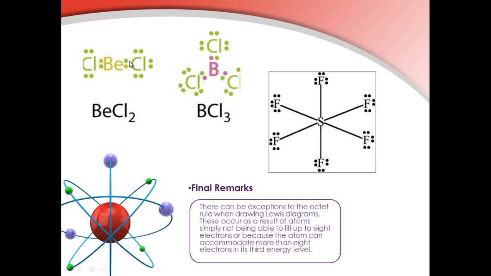So if it was contributing 1 electron to the bonds, and here it's bonding with chlorine to form beryllium dichloride, well, chlorine's fine. It's contributing 1 electron to the bond, so chlorine gets 8 in its outer shell. It's happy. It's forming the octet structure. But you can see here that beryllium only has 4 electrons in its outer shell. Certainly not octet, but still a stable arrangement.